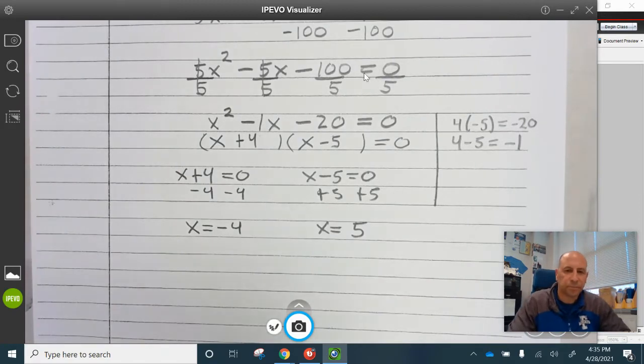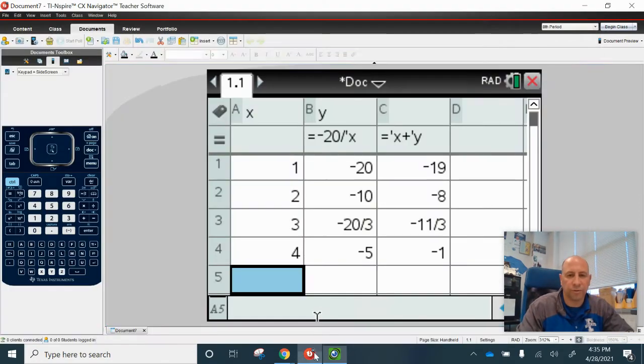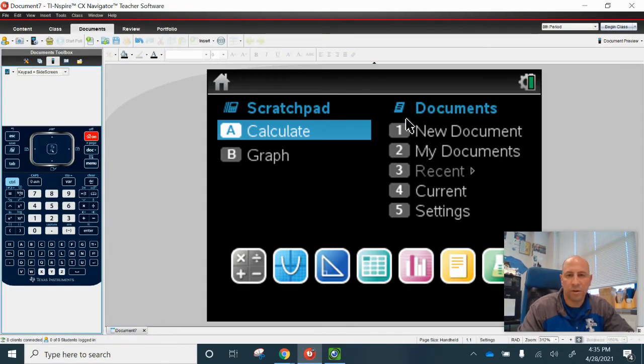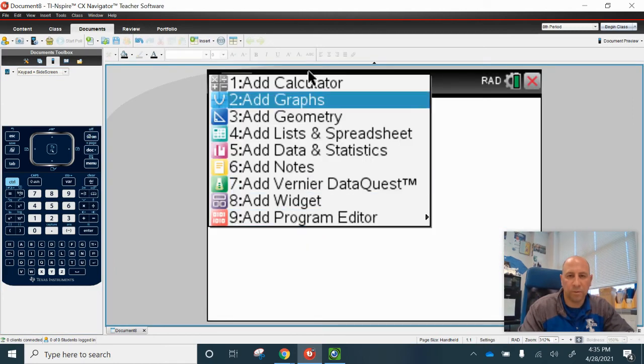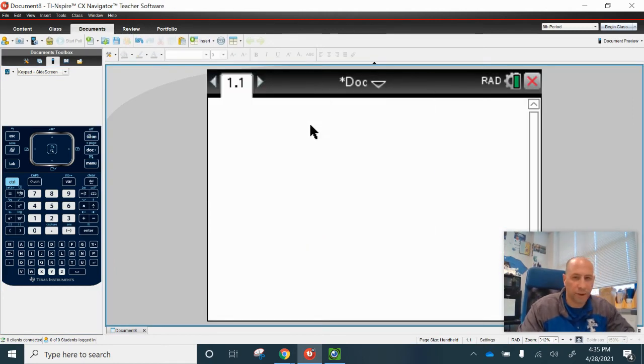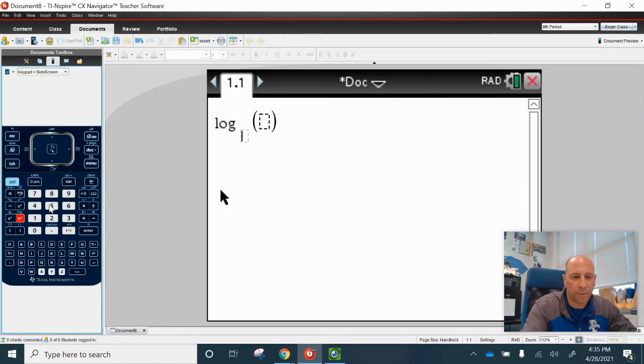Alright, so now let's check for extraneous solutions. So we're going to go to on, new document, and add calculator. So we're going to plug negative 4 in. So that's control log base 10 of 5 times negative 4 plus control log base 10 of negative 4 minus 1 equal to 2.